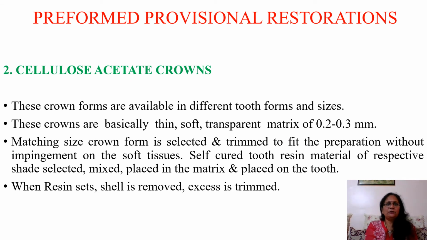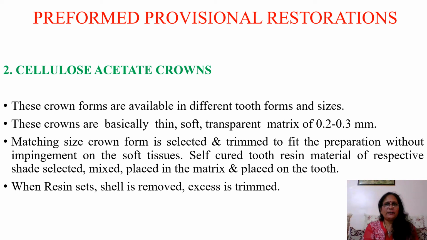Cellulose acetate crowns. These crown forms are available in different tooth forms and sizes. They are basically thin, soft, transparent matrix of 0.2 to 0.3 mm. A matching size crown form is selected, trimmed to fit the preparation without impingement on the soft tissues.